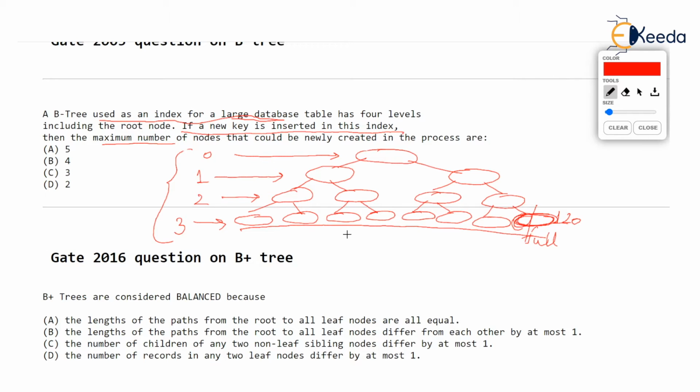And the median will be sent up, isn't it? So how many new nodes have got created? Their question is, how many new nodes will be created? Check that at the bottommost level, one new node is created. I hope you understand. There was already one node. It has been split into two, isn't it? So one node was already there, but this is the new node which has got created.